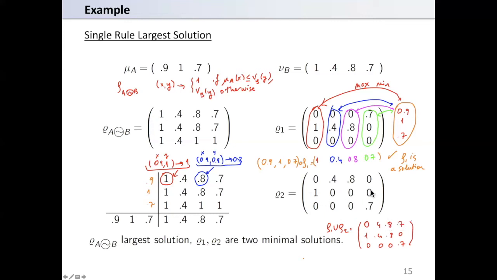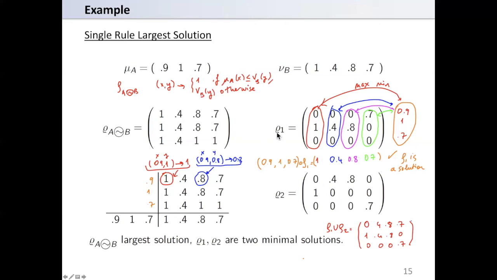And similarly for this line, we have 1, 0.4, 0.8, and 0. For the last row, we have 0, 0, and this is larger, 0.7. So this is the union of these two relations.